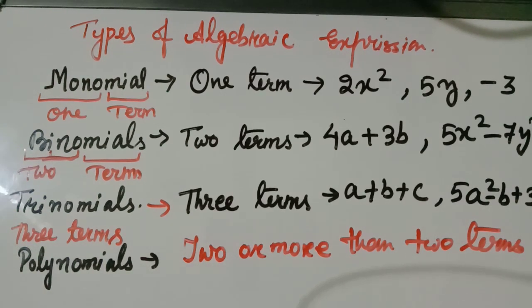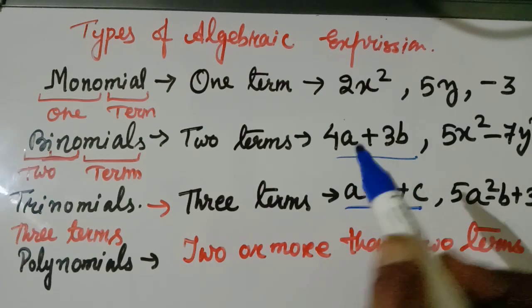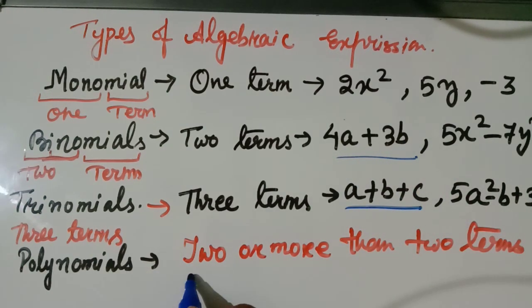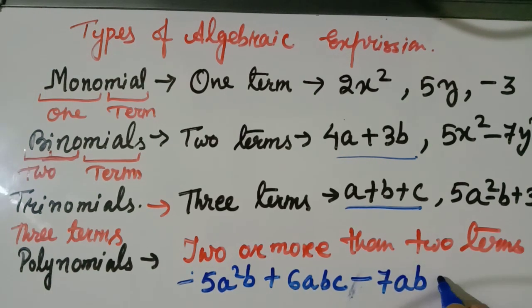Example of polynomial: minus 5a square b plus 6abc, or a minus 7ab minus 6.